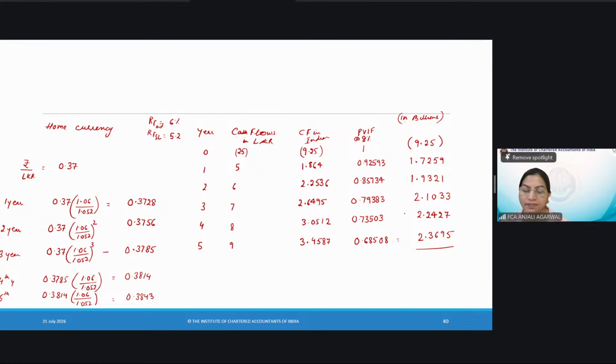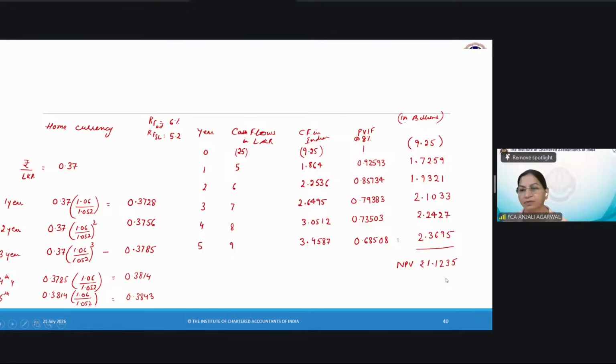So the present value of inflows is 10.3735 and outflow is 9.25. So the NPV is again positive, rupees in million, 1.1235 rupees. 1.1235 billion rupees.